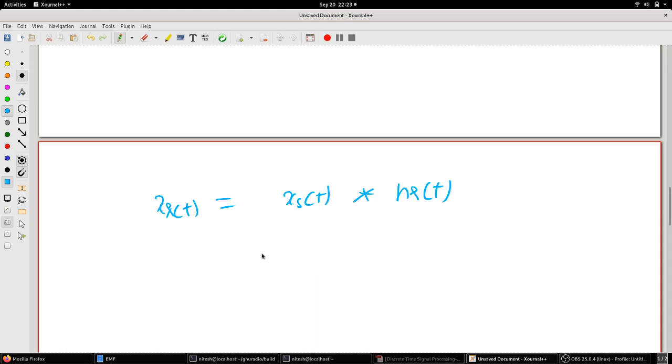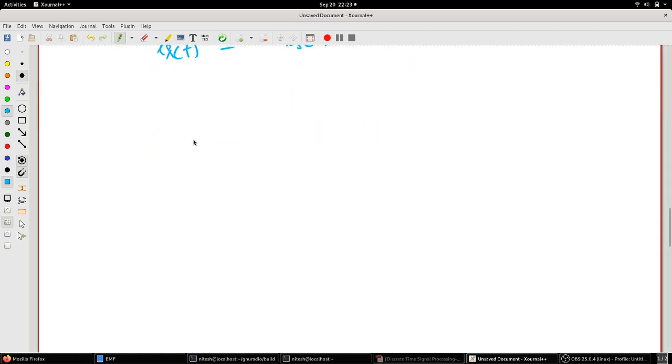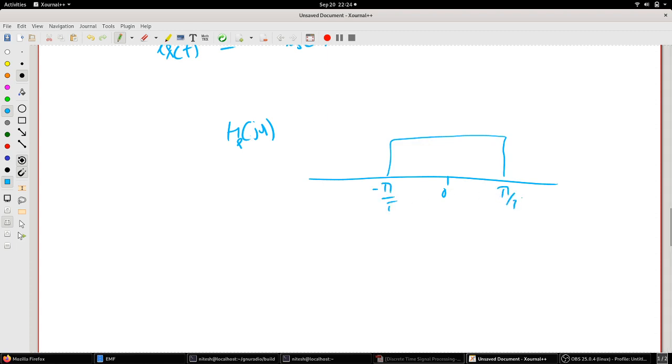Now, what is h_r(t)? I have my frequency response H_r(jω), which looks something like this. This is my frequency response: from minus π/T to π/T, the value is T. This is the desired frequency response.